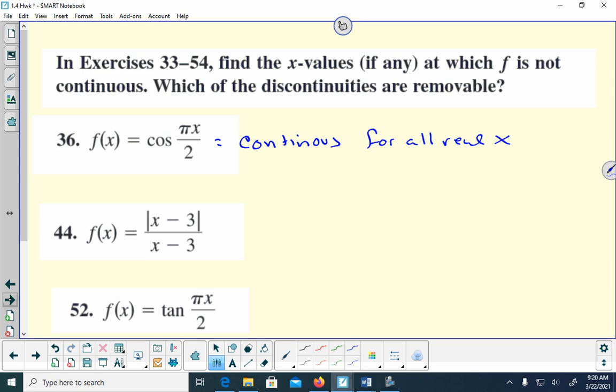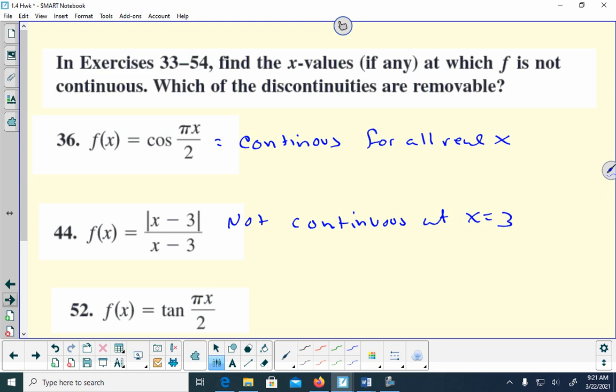The next one, the absolute value of x minus 3 over x minus 3. The only place that it is not continuous is at x is equal to 3, because that makes the denominator equal to 0. Is it removable? Yes. No, it's not removable.